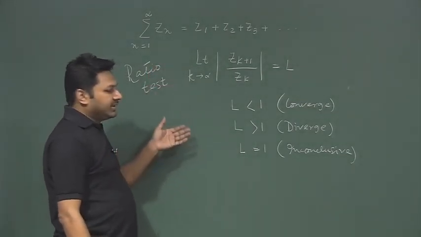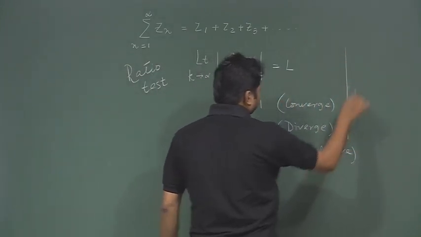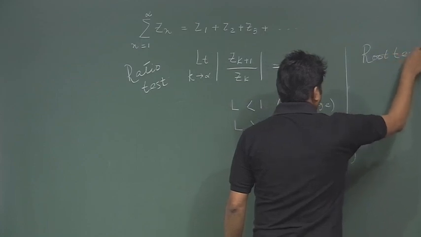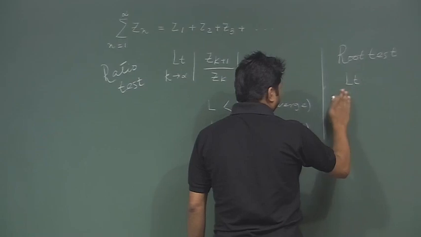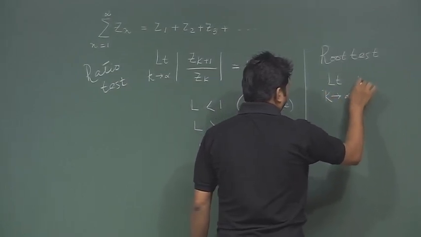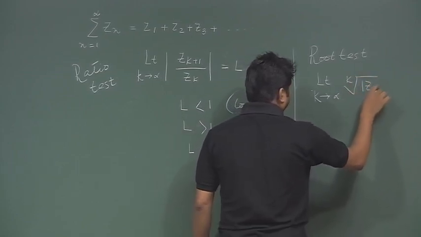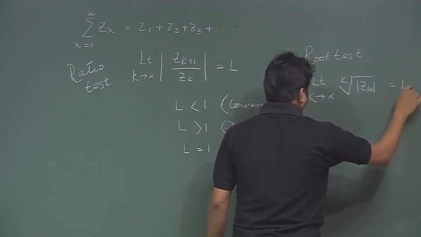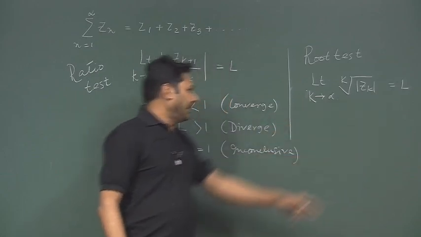A similar kind of test is also available, as I mentioned, we call this the root test. Sometimes we also need to find out this, and the condition over k is the same.